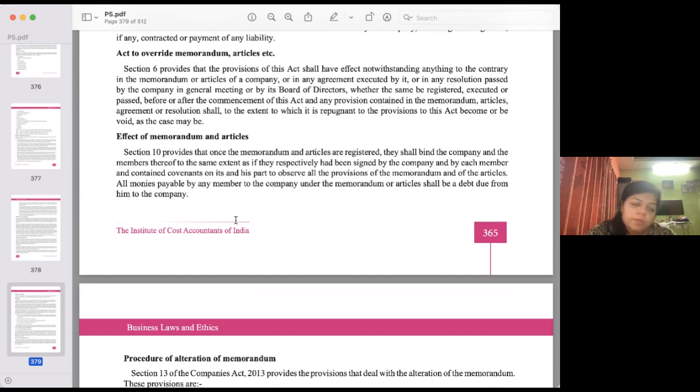So the whole idea of contributories is that every time I invest a certain amount of money in the company to buy certain shares, that particular amount of money is actually a debt that I'm giving to the company. Why? Because at the time of winding up, the company would have to pay the contributories, which includes the members, the ones who have in fact contributed to the capital of the company. So this contribution, this amount of money that the company has to return, is actually an evidence of the debt.